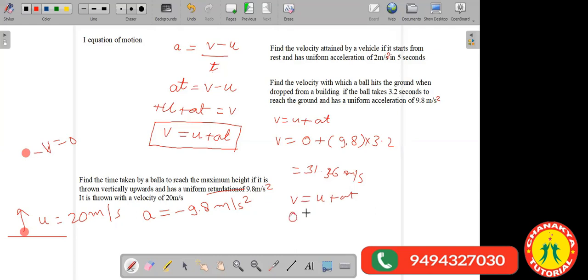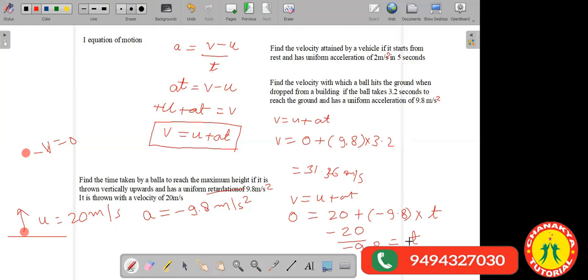So put here v as 0 equals u, which is 20, plus acceleration, that's minus 9.8, and multiply t. So you will get your answer as minus 20 over minus 9.8 as time. Now what should be the answer? What mistake did you people make?